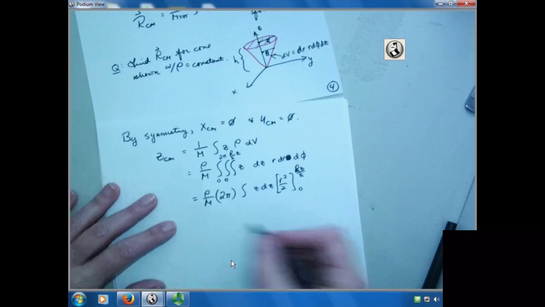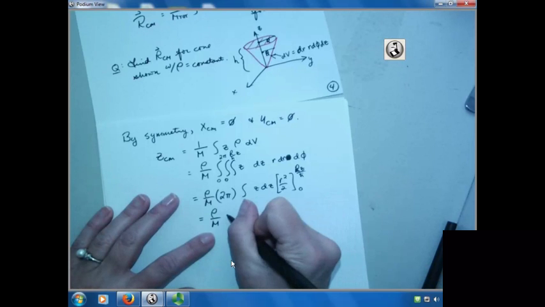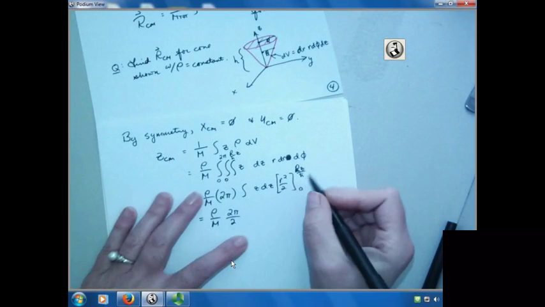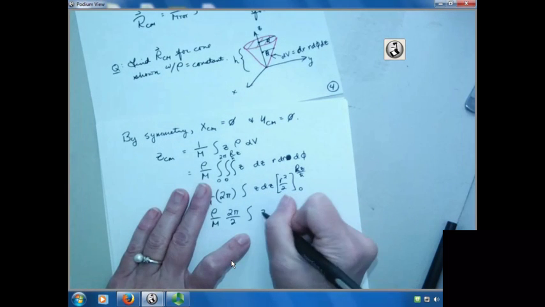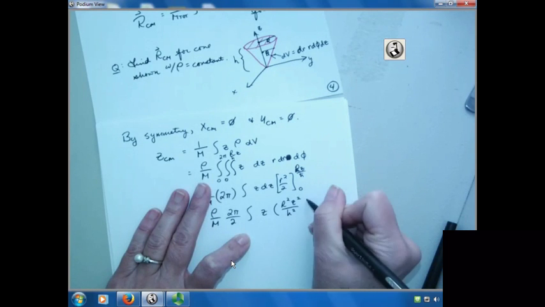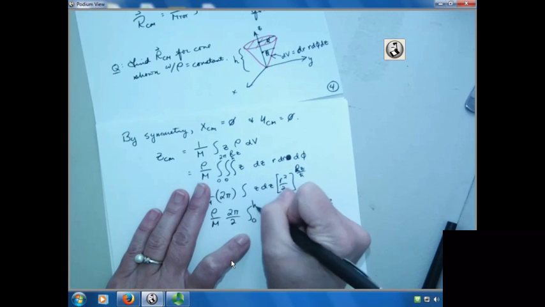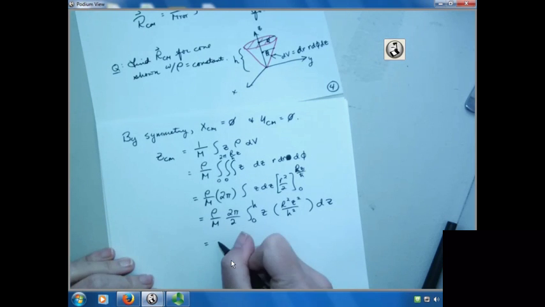So let's keep moving. Rho over m times 2 pi, I'm going to take the 2 from here, times the integral of z times R squared z squared over h squared dz, and z has to obviously be integrated from 0 to h to get all the mass, which is great. So I've got rho times pi over m.